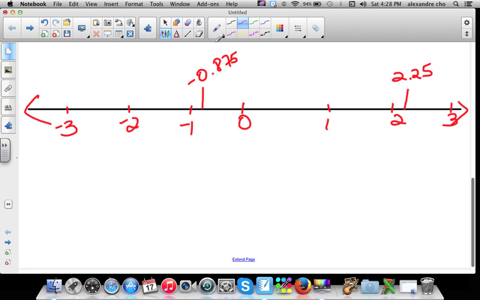So -7/8 is the same thing as -0.875. Next one, -0.75, and that's going to be here.